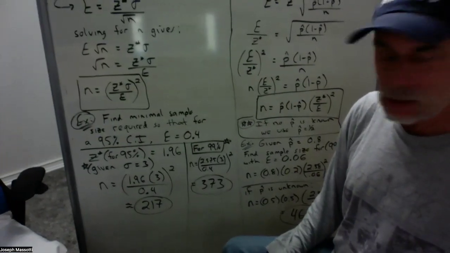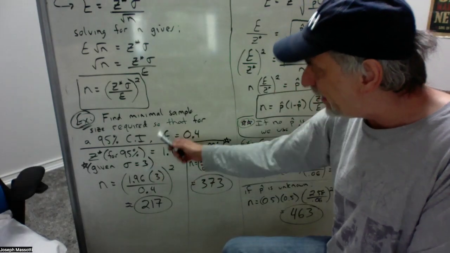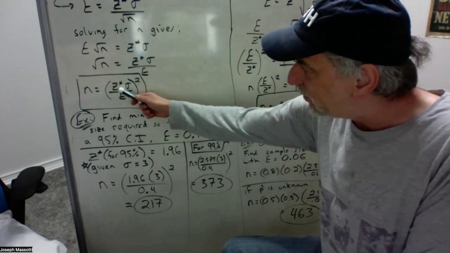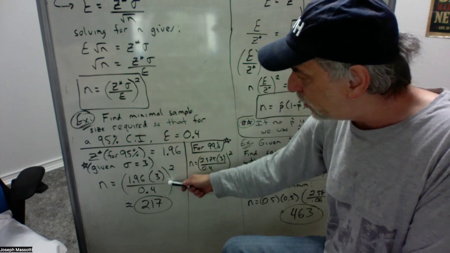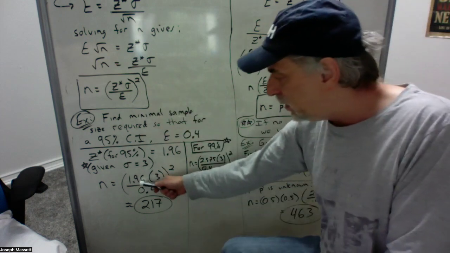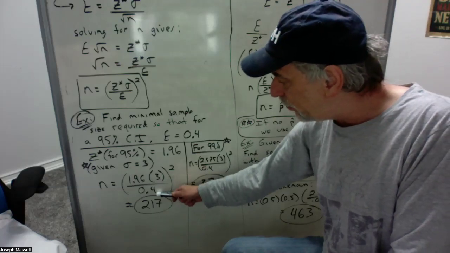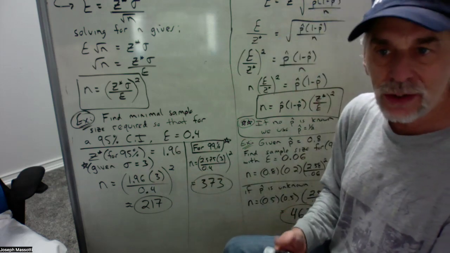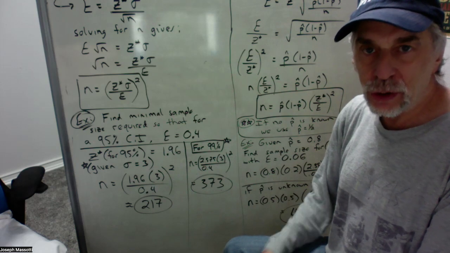All right. So we have sigma, we have the z critical, and we have the desired margin of error. So we have everything we need. We just plug that into the formula: z critical, sigma, desired margin of error, find that ratio, square it, and always round up to the next whole number for these calculations.